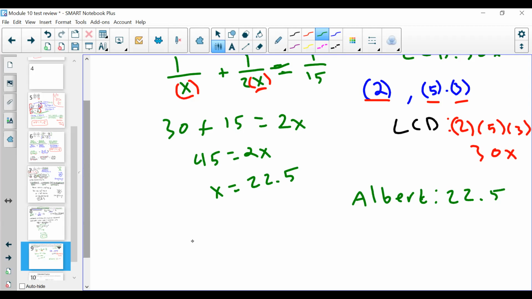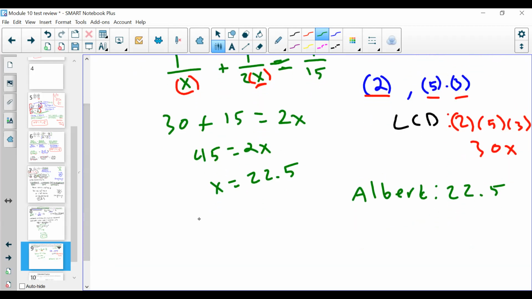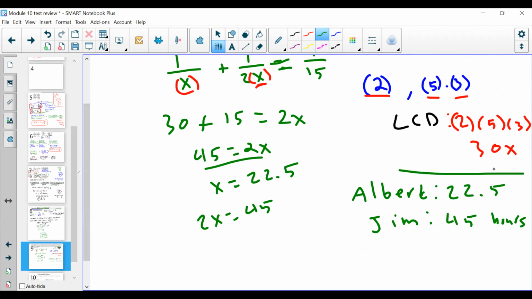And then Jim is working twice as slow. He's slower than Albert. So Jim is going to be 2x, which will be 45, which we had right before that as well. And there's your answer for that one.